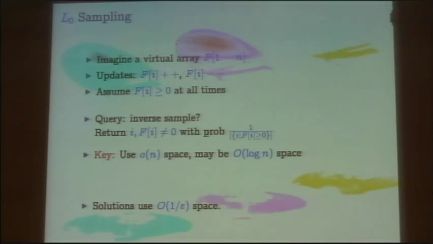And so you should be able to adjust dynamically to the number of non-zero items there, keep track of them, and be able to return one of them, in a small amount of space. There are a bunch of solutions for this. I'm not sure I got the bound right, but there are a bunch of solutions for this problem. And I'm not going to tell you the solutions. Instead, I want to tell you one way to apply this result.